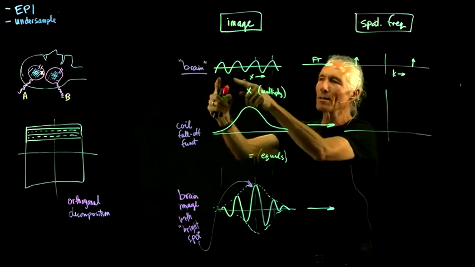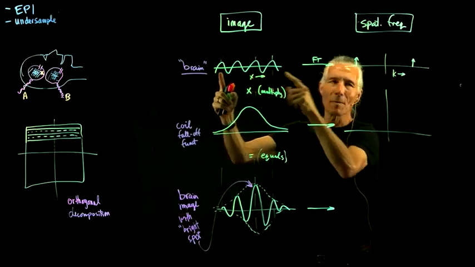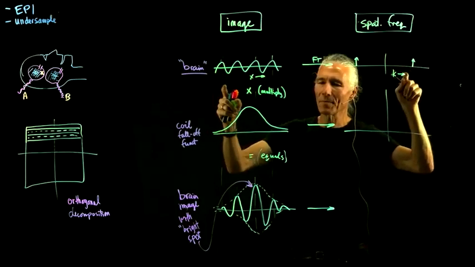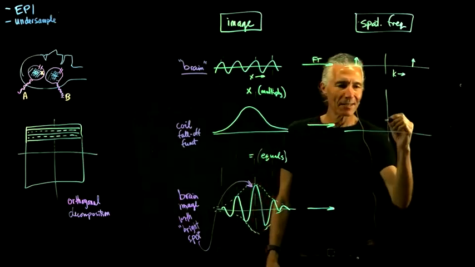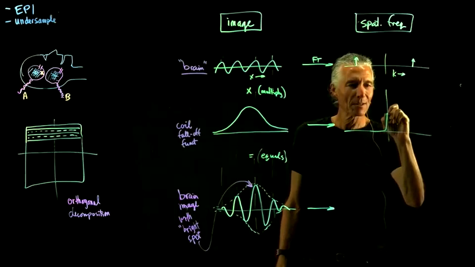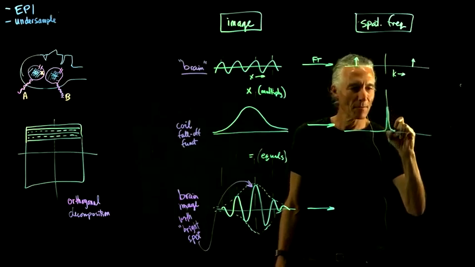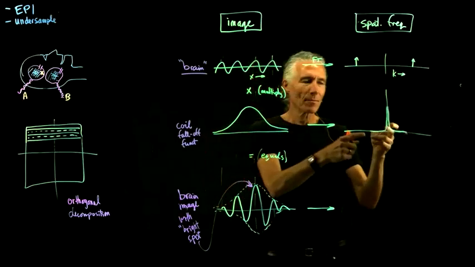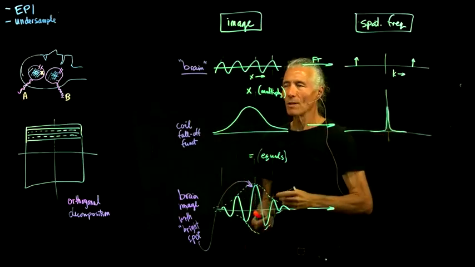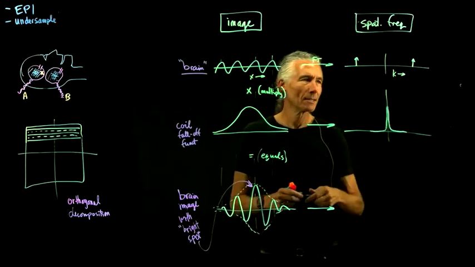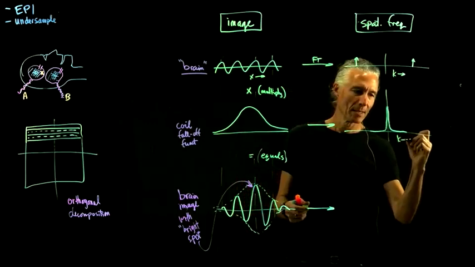Because of that, it has this strange property: if you make the Gaussian narrower, the Fourier transform of it is wider, and if you make it wider, the Fourier transform is narrower. So it's going to be a narrow Gaussian over there in K-space, spatial frequency space.